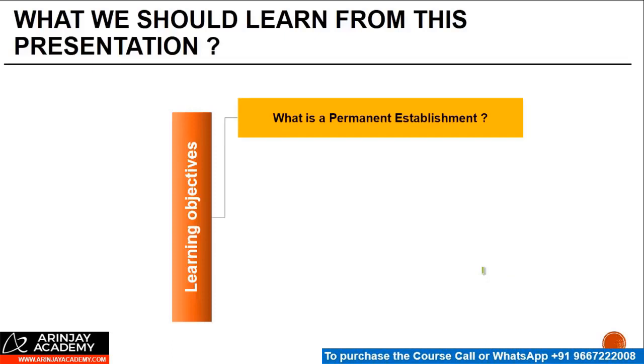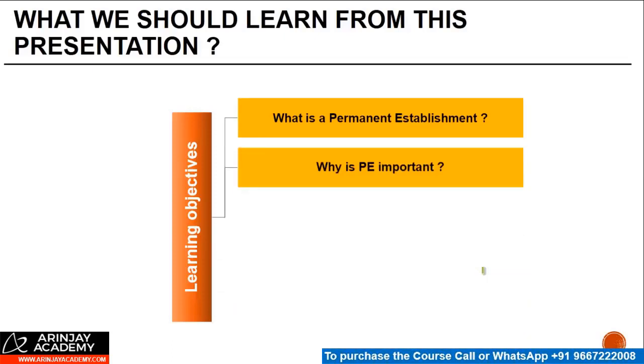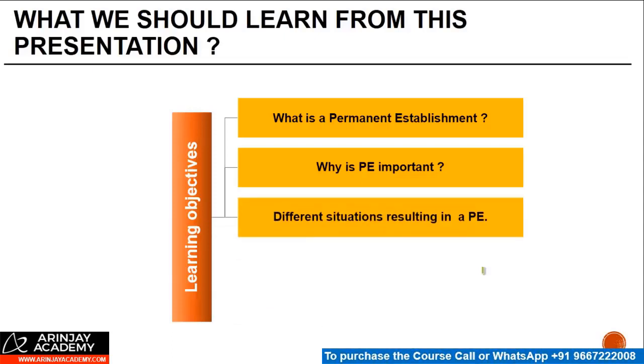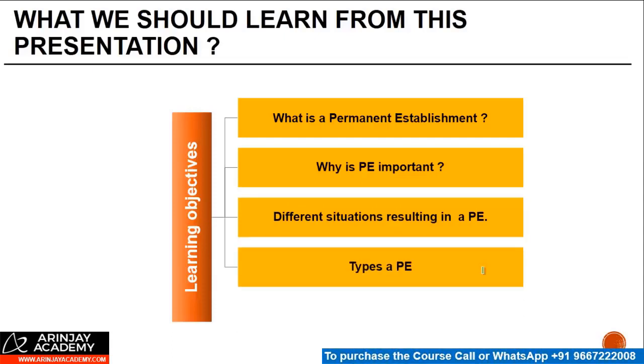So what should we learn from this presentation? First is, what exactly is a PE? Why is it important? I already told you, if you want to tax the business profit referred to in Article 7, the existence of a PE is necessary. Different situations resulting in a PE. What are the types of PE?